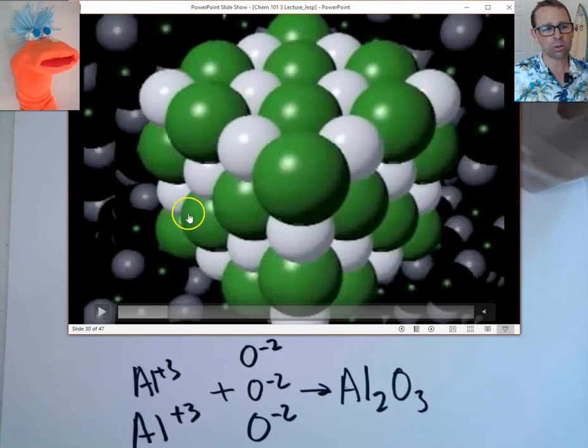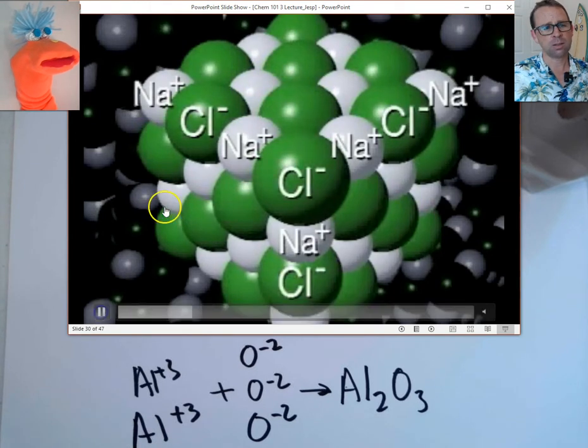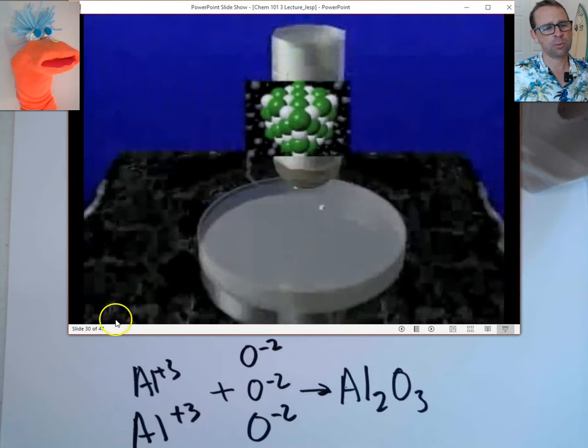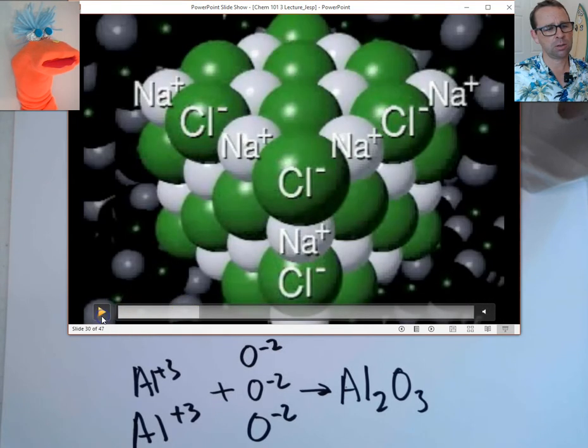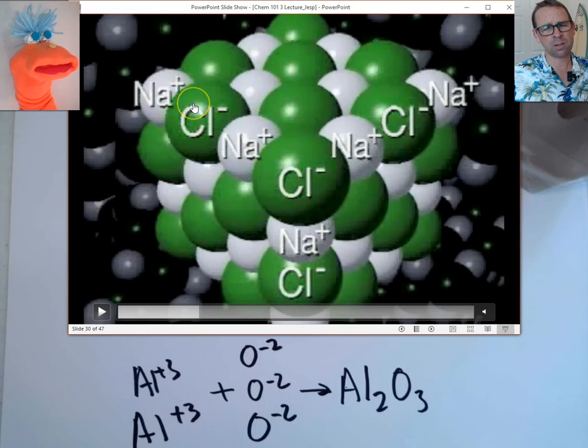So this is a chloride ion, and the white ones are sodium ions, okay? Then you have these 3-dimensional lattices. So in reality, a piece of salt has millions of sodium ions and chloride ions, but we only need to say what the ratio is, okay?